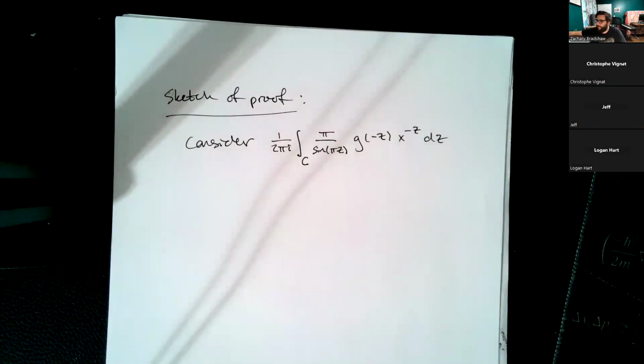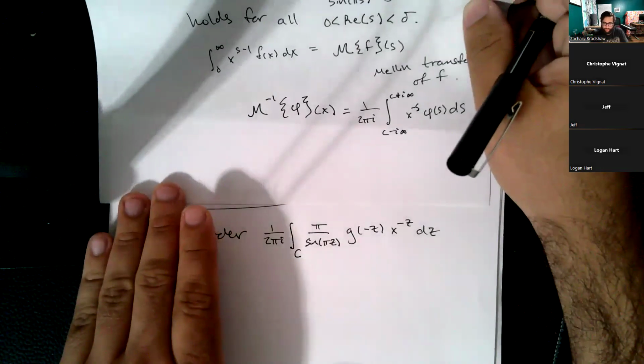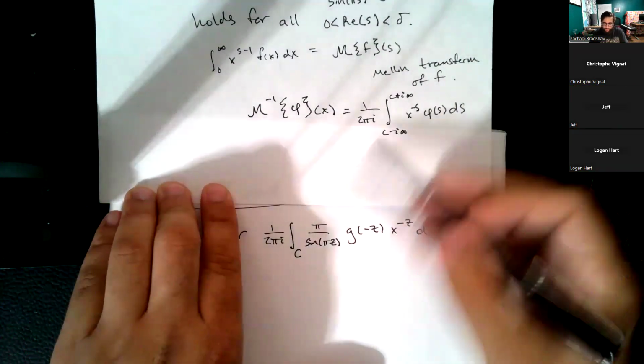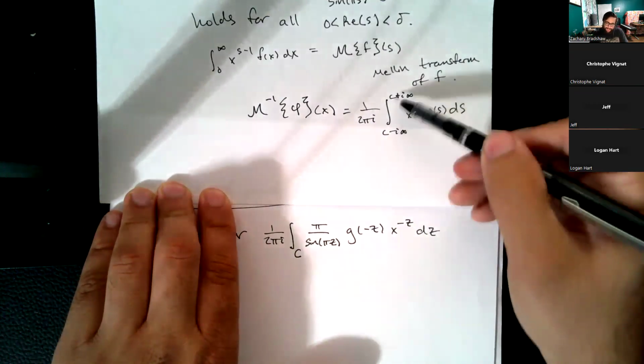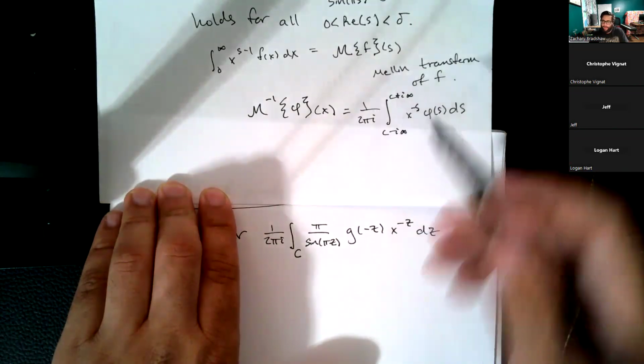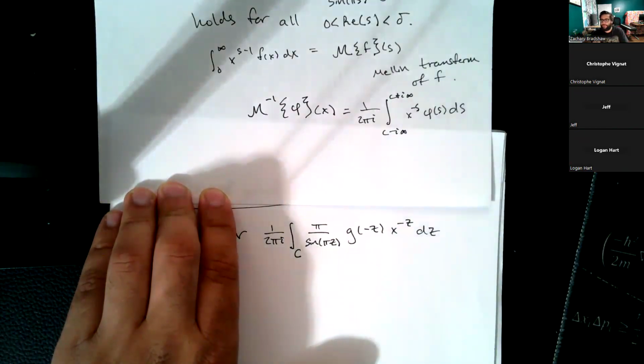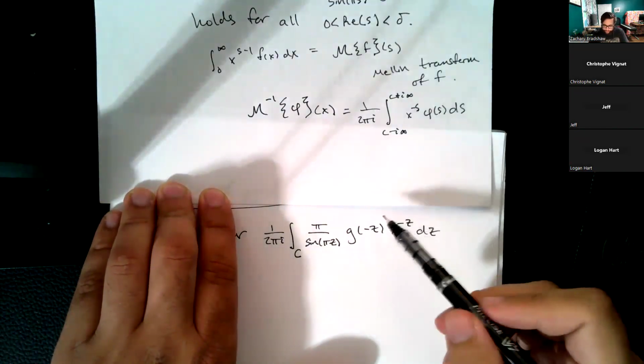Let me pull up the inverse Mellin transform again so you can see what I'm doing. Okay, got my 1 over 2 pi i. Now, I haven't told you what C is yet. It's not going to be this vertical line. It's going to be the vertical line plus a completion of the contour. So I'll draw it in a second.